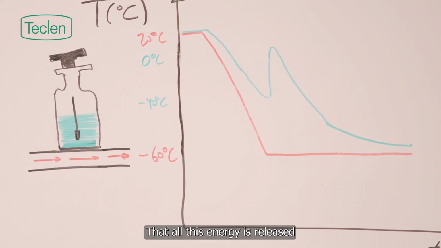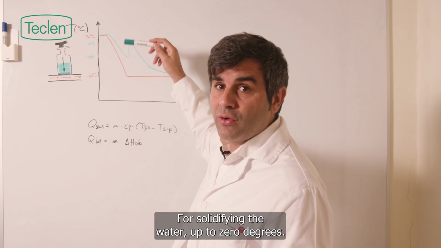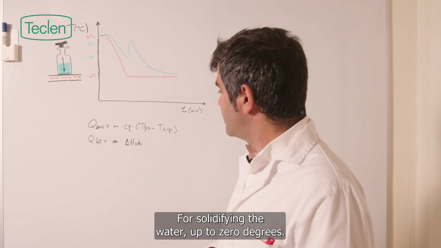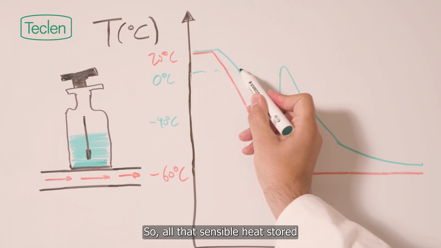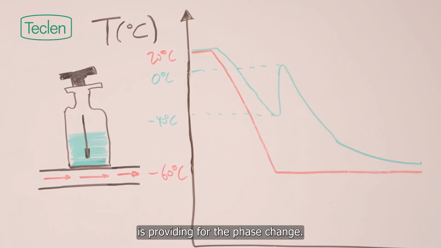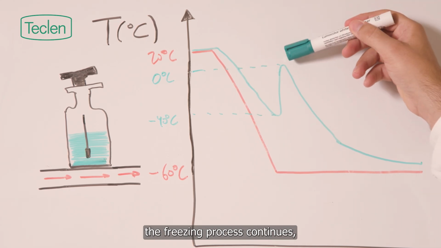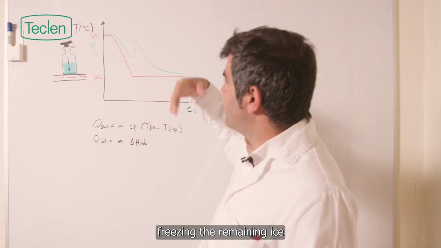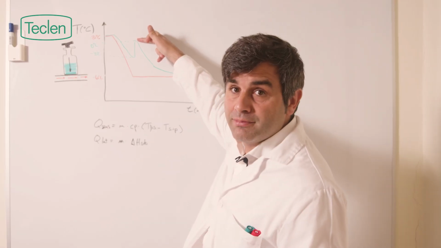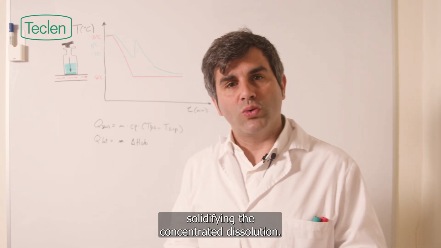All this energy is released for the phase change, for solidifying the water up to 0 degrees. So all the sensible heat stored is providing for the phase change. Afterwards, reaching 0 degrees, the freezing process continues, freezing the remaining ice and then solidifying the concentrated dissolution.